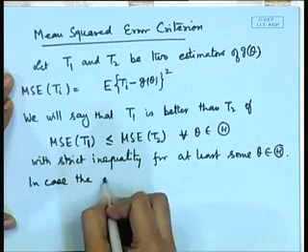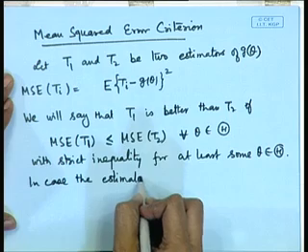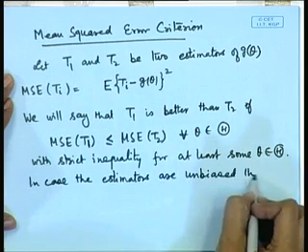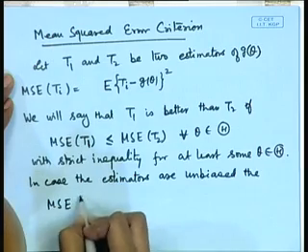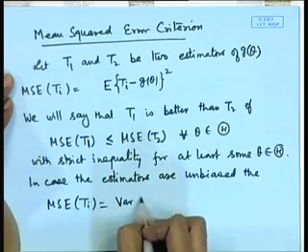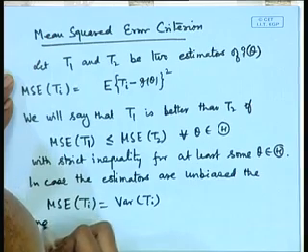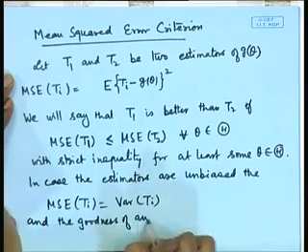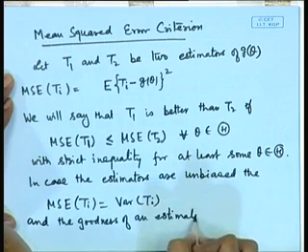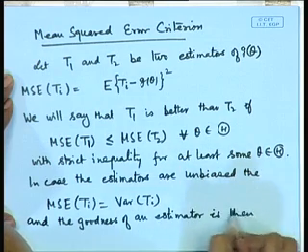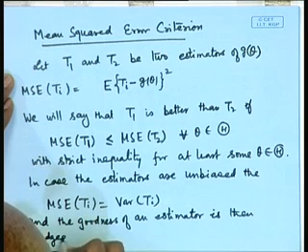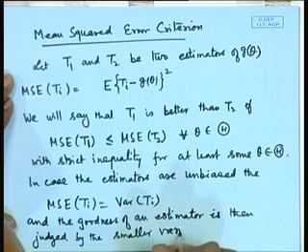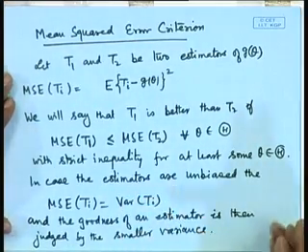In case the estimators are unbiased, the mean squared error of T_i simply becomes the variance of T_i, and the goodness of an estimator is then judged by the smaller variance. That is, the smaller the variance, the better the estimator.